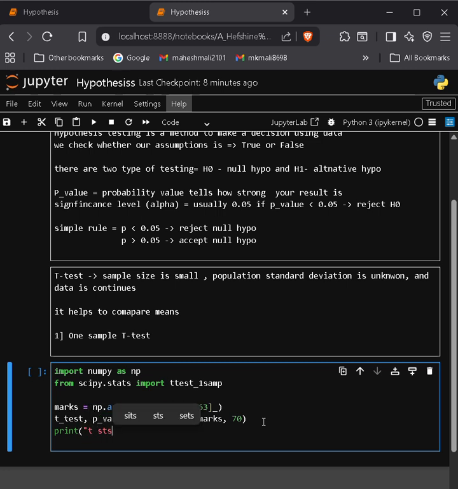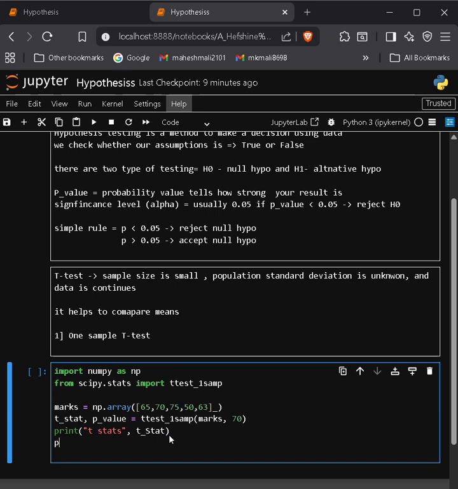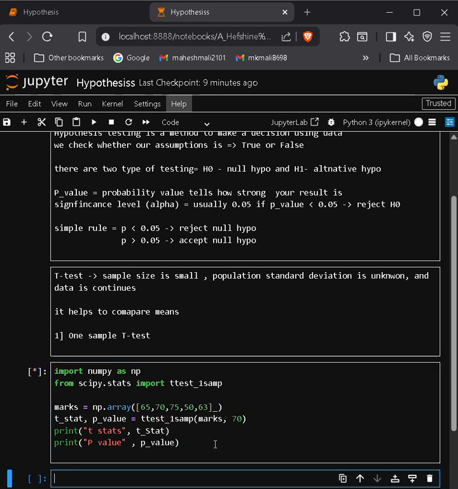Second, we have to print the t-stat, and the second one is print the p-value.